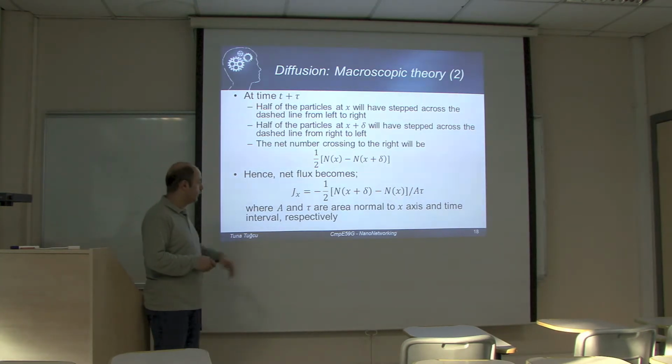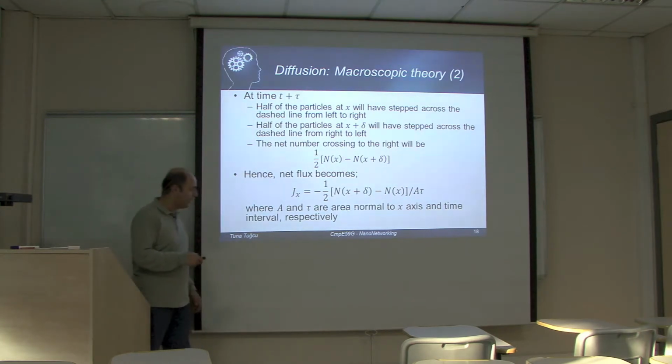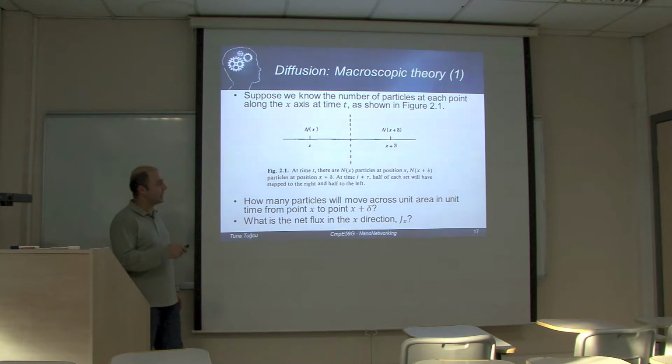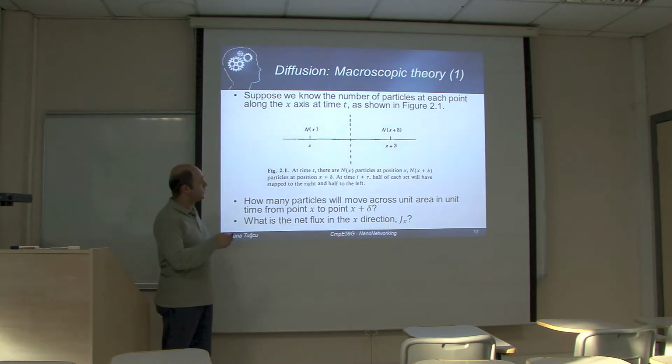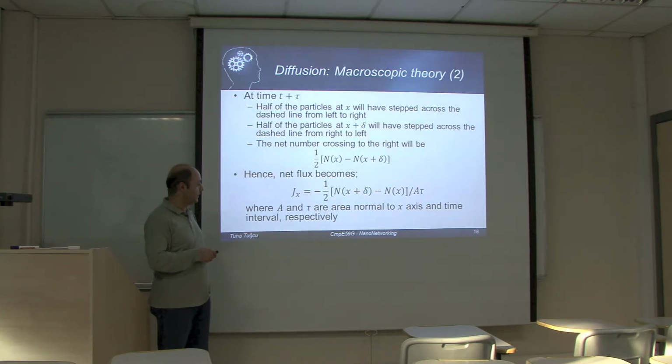A is actually the area that's normal to the x-axis. Going back to the slide, this is the x-axis. And if you look at this in 2D, that would be the area that's perpendicular to this x-axis. And tau, as you know, is the step size.